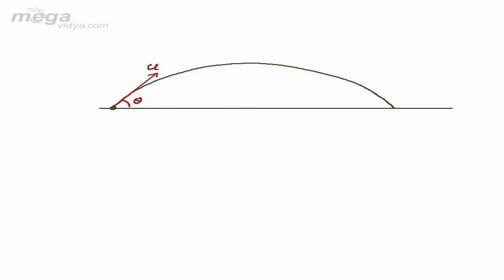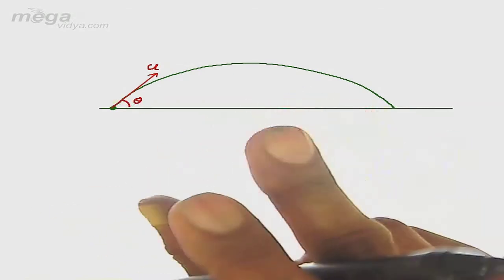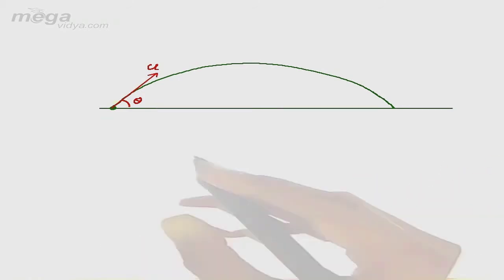No doubt, in our previous studies of projectile motion, we had considered a particular reference frame, the xy coordinate system, with x-axis along the horizontal and y-axis along the vertical. So I will stick to the same imagination here.